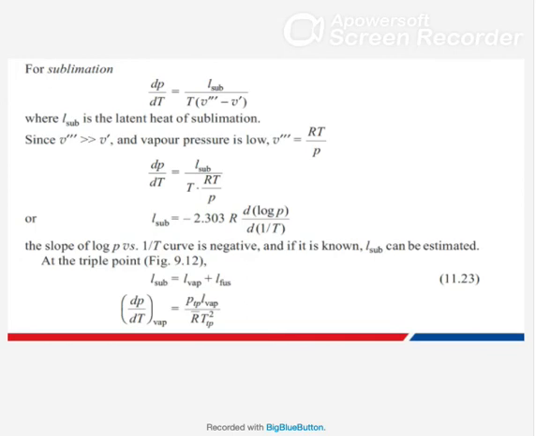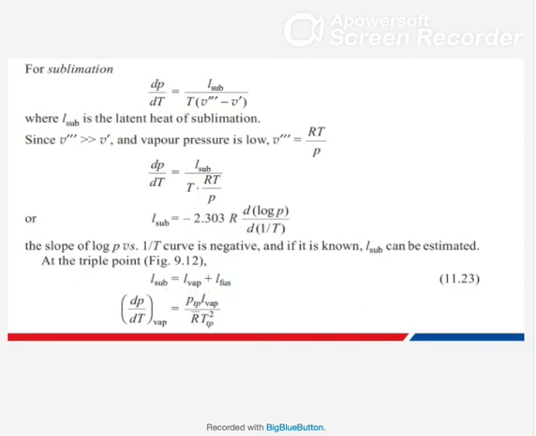So that much heat is required. You are going from solid to vapor. That means sublimation is what? A combination of vaporization and fusion. So at triple point, latent heat of sublimation is equal to latent heat of vaporization plus latent heat of fusion.